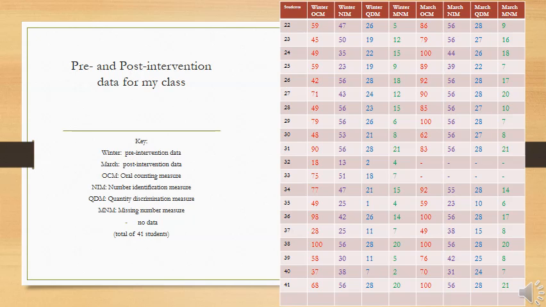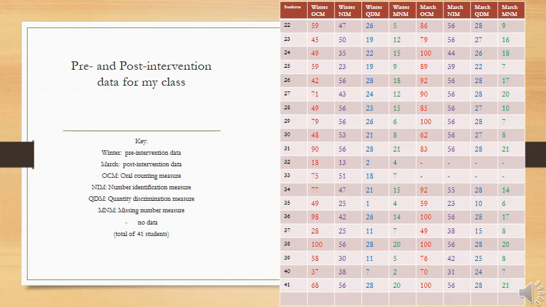First of all, in counting, oral counting measure, 36 out of the 39 students that took both measures, both in January and in March, 36 out of 39 either stayed the same or improved. That's 92% of my students that made gains or stayed where they were and didn't lose anything.